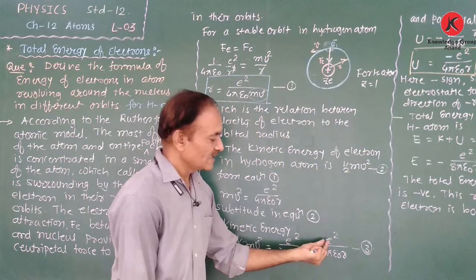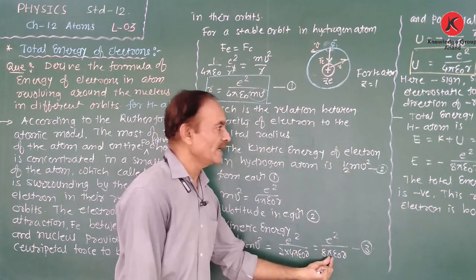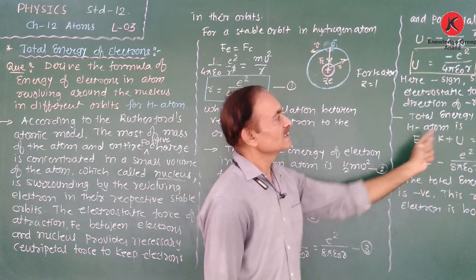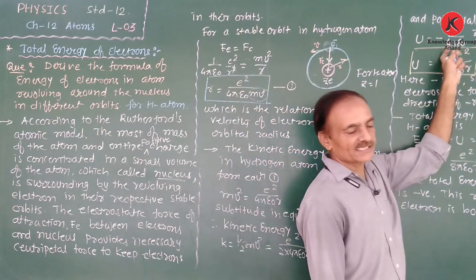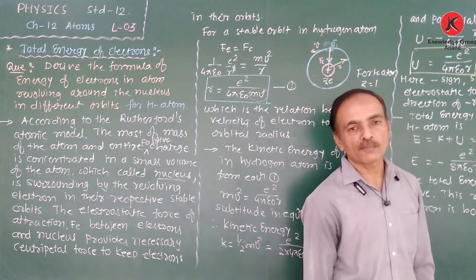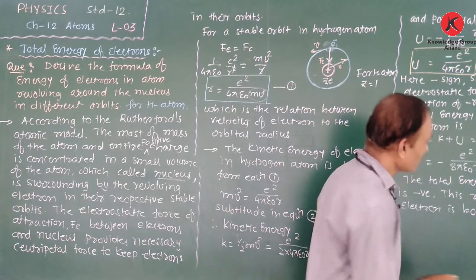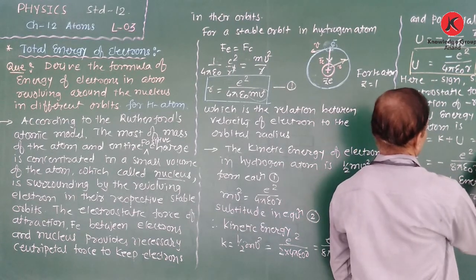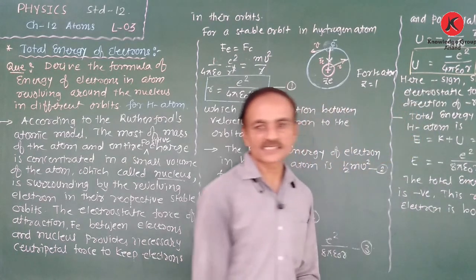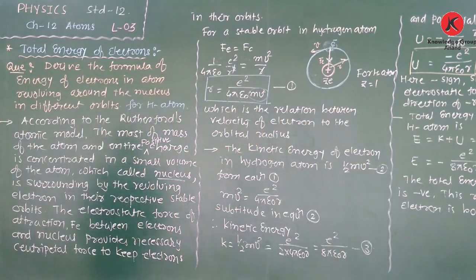Kinetic energy is e square upon 8 pi epsilon 0 r, plus potential energy. But the potential energy is negative, therefore minus e square upon 4 pi epsilon 0 r. In both equations, e square upon pi epsilon 0 r is common.